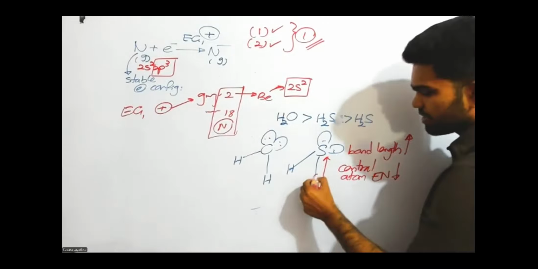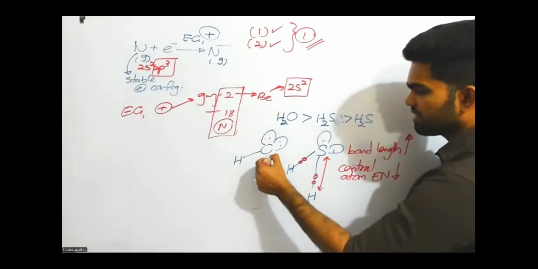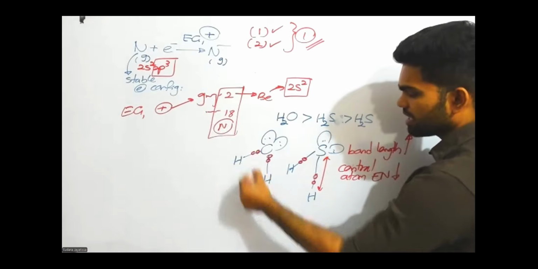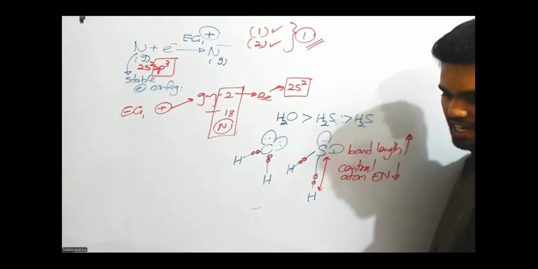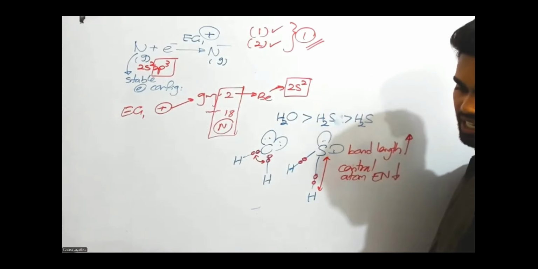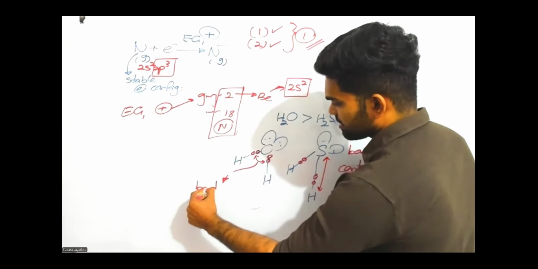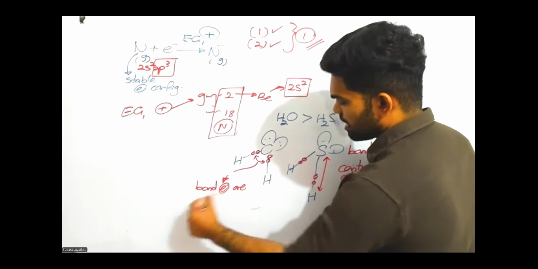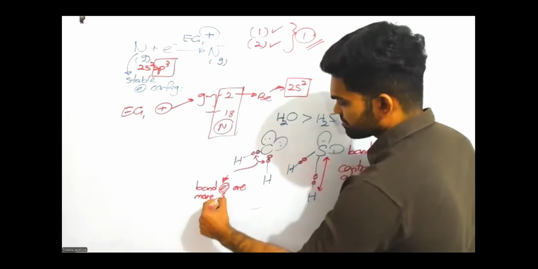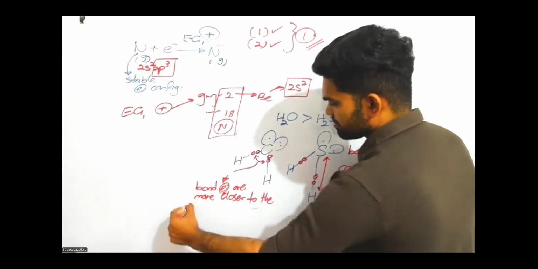Then the bond electrons will be deviated away from the central atom. But here the oxygen is more electronegative. Therefore, the bond electrons are more closer to the central atom.